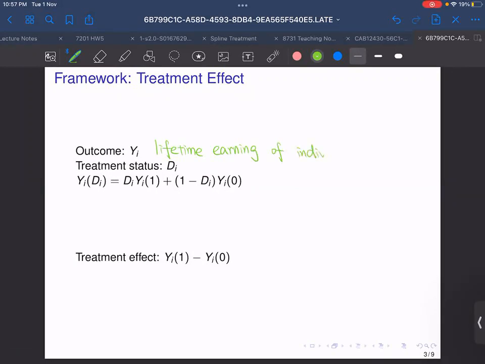You can copy it down while watching this video. I believe that will help you internalize this concept of local average treatment effect. The treatment status is whether individual i joins the army or not.